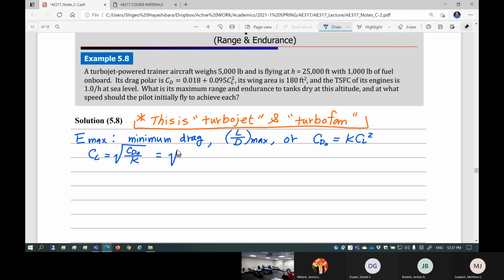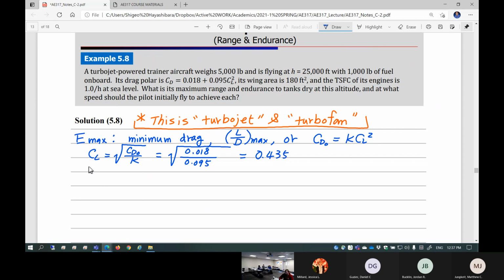So let's just plug the drag polar equation into this to find the required lift coefficient. So this is 0.018 divided by K, which is 0.095. This gets you the lift coefficient required for maximum endurance, 0.435. This is the starting point.